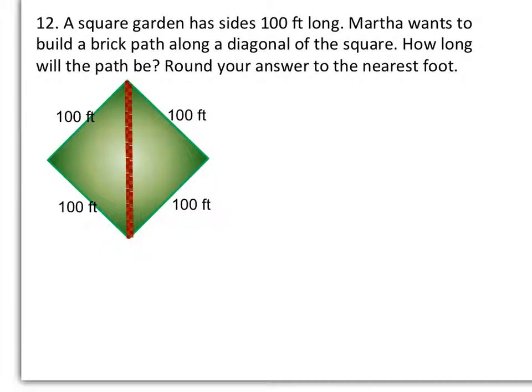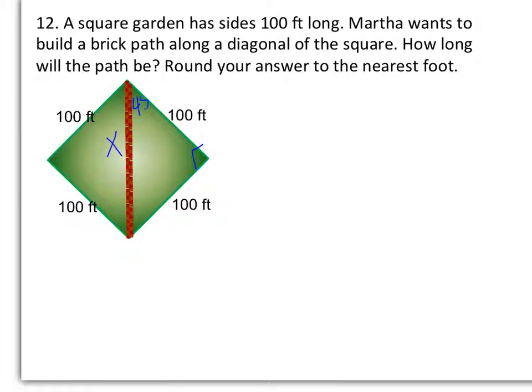In number 12, a square garden has sides 100 feet long. Martha wants to build a brick path along a diagonal of the square. How long will the path be? Round your answer to the nearest foot. All right, so again, if it's a square, here's our 90-degree angle. We're looking for the hypotenuse. Our sides are congruent.